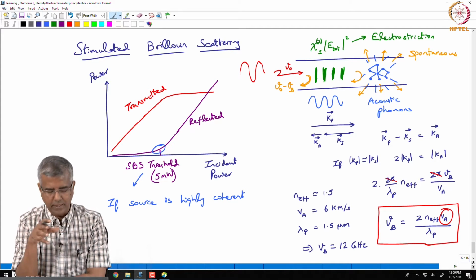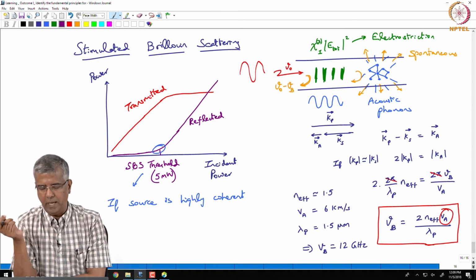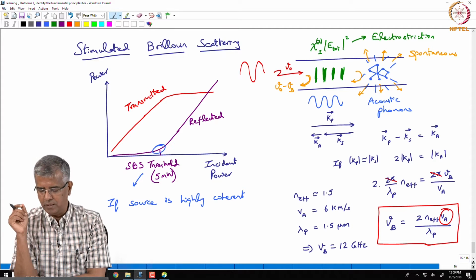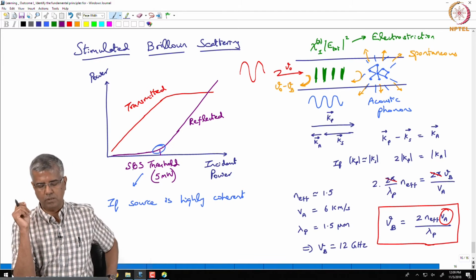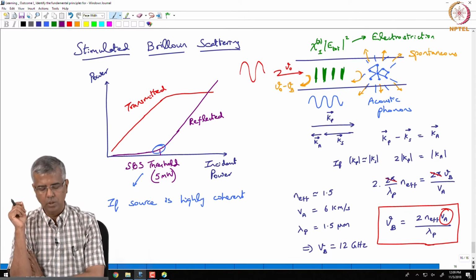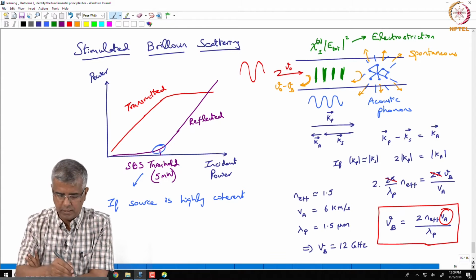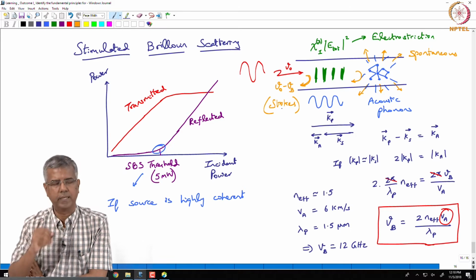So, spontaneous scattering is happening at any power level, but stimulated Brillouin scattering happens only beyond a certain power level, at which the grating that we are generating is strong enough that you have a large backscattering of the incident power into this nu naught minus nu b, which incidentally is called the Stokes scattering.